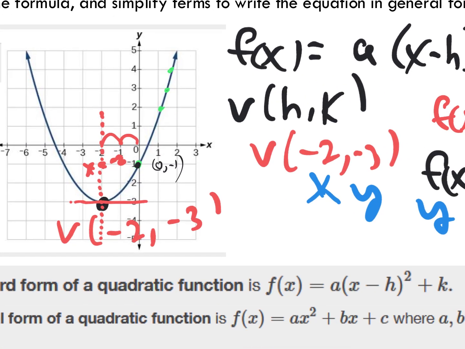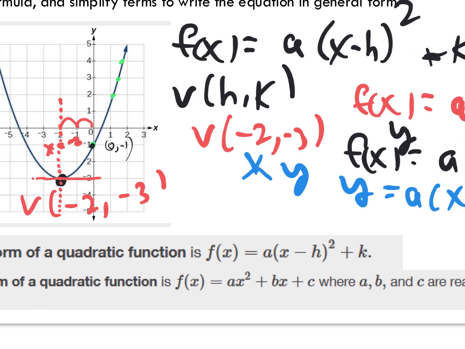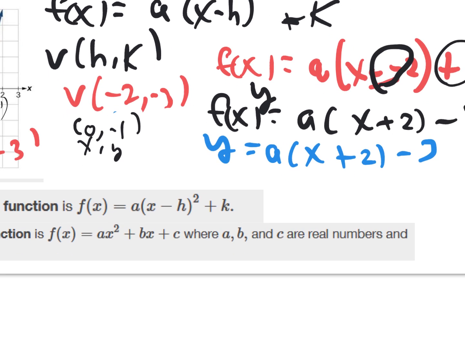So I'll go over here and I'm going to use the point, not this one, because I've already used it. I'm going to use 0, negative 1 for my x comma y. Plug it in. My negative 1 is the y. I don't know what a is. My x is going to be a 0 plus a 2 minus a 3.